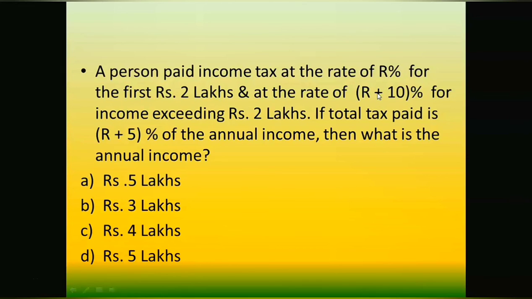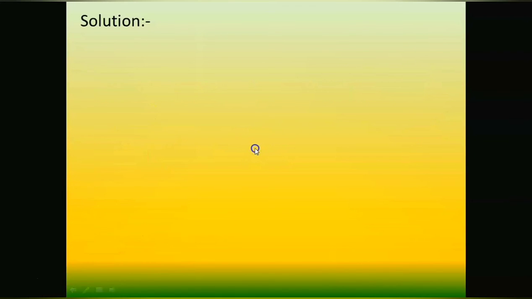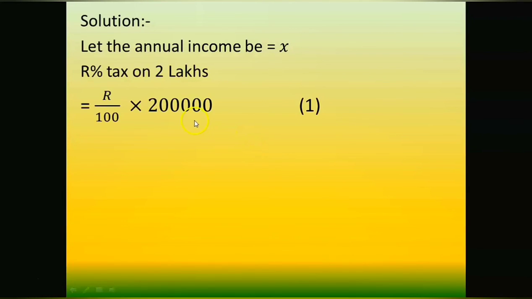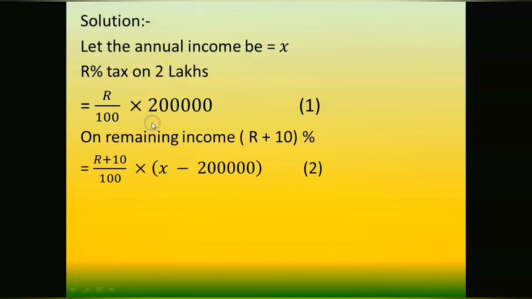So it is r plus 10% of that remaining income. This will be equal to r plus 5% of x. Okay. So it is r% tax on 2 lakhs will be r% is r divided by 100. R% is written in terms of fraction as r divided by 100 into 2 lakhs because it is on 2 lakhs.